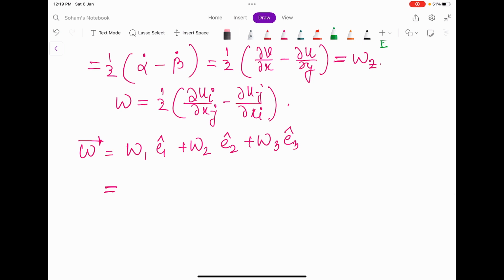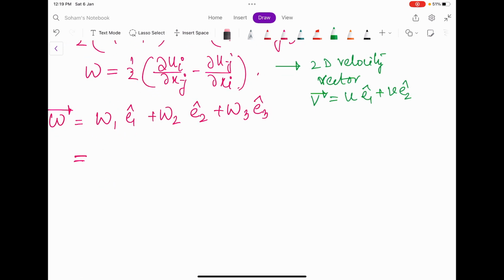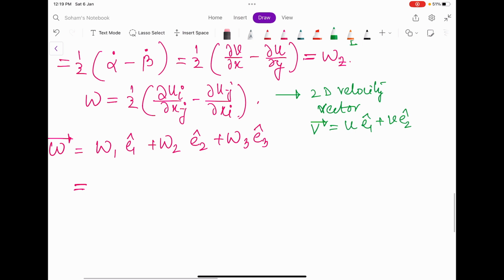Let us see how we can find this. If I have a 2D velocity vector, that is v equals u e1 cap plus v e2 cap.